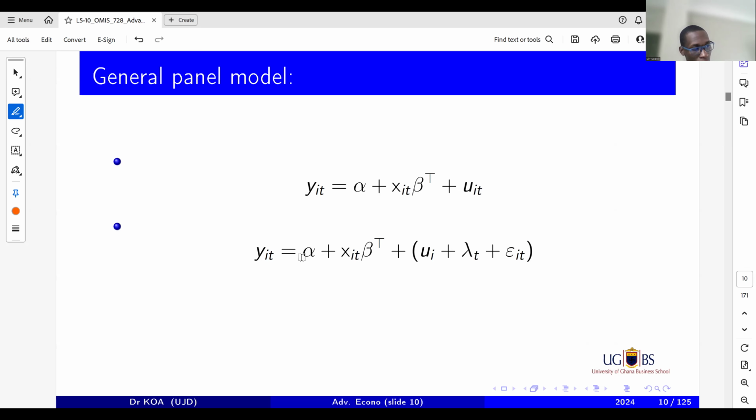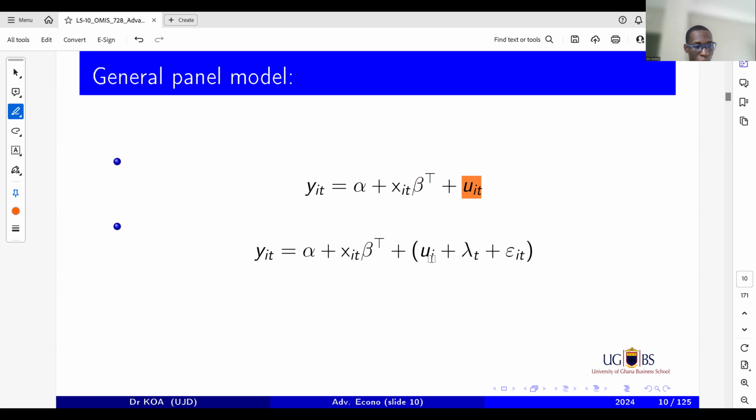Now, you can note that the error here, watch the term here. The error is it, which means that it is changing across individuals and across time. But this error is a composed error, so you have got to decompose the error. When you decompose the error, you get these terminologies.